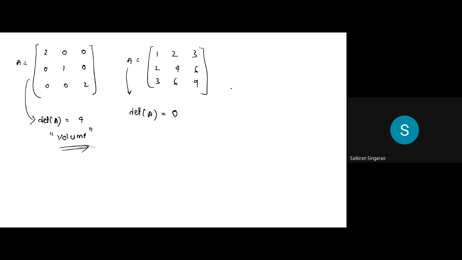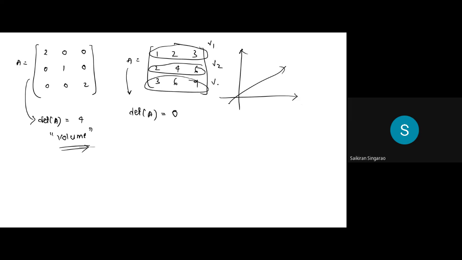Why it is coming 0 is, if you try to understand each row as a vector, say this is V1, this is V2, this is V3. V1 is somewhere here: 1i cap, 2j cap, 3k cap. The second one is also here, 2 times of this: 2i cap, 4j cap, 6k cap.